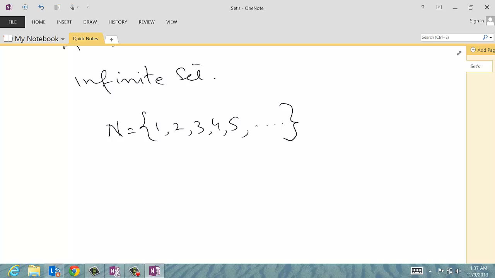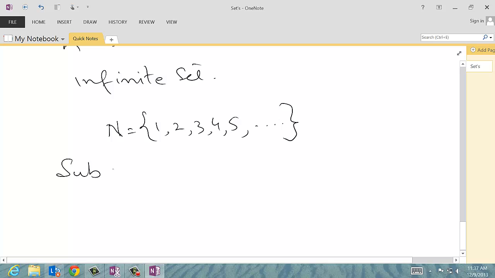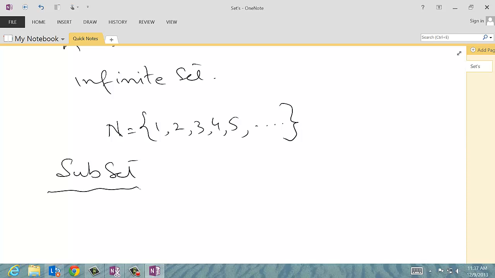So what do we mean by a subset? Okay, if A and B are two sets and every element of set A is also an element of set B, then set A is called a subset of the set B. So let me write it down.